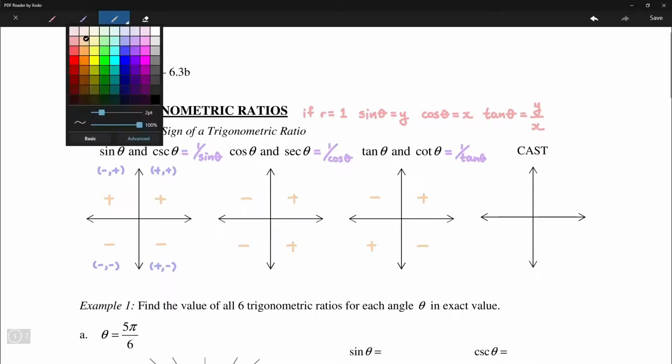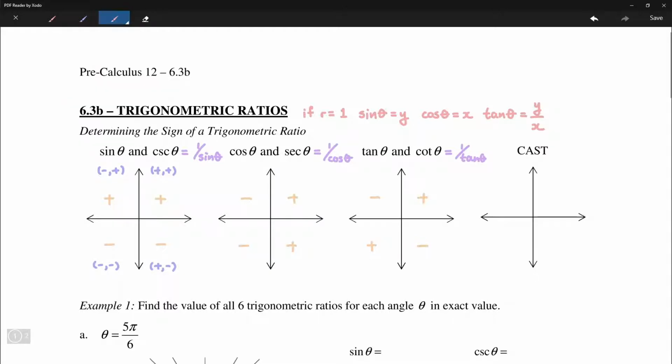So to summarize the result of all 4 of these, we know that all 6 of the trig ratios will be positive in quadrant number 1. In quadrant number 2, only sine and cosecant will be positive. In quadrant number 3, only tangent theta and cotangent theta will be positive. And finally, in quadrant 4, only cosine theta and secant theta will be positive.